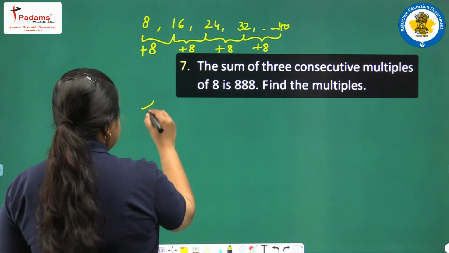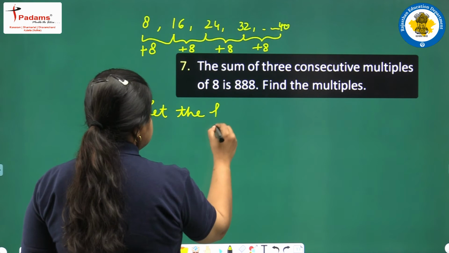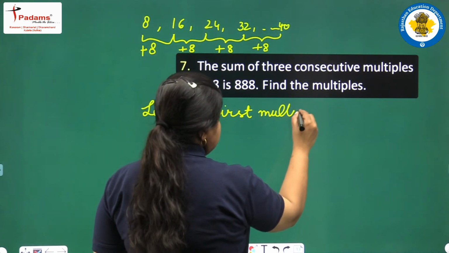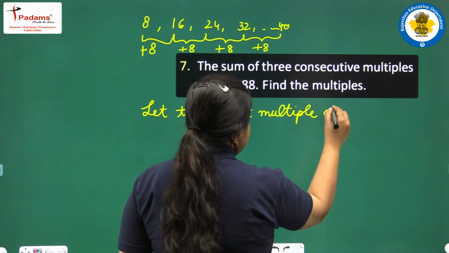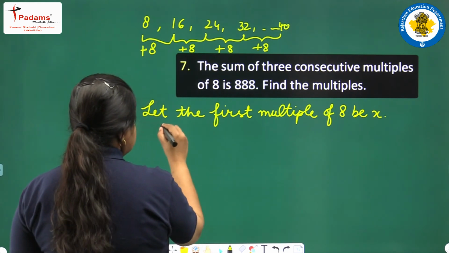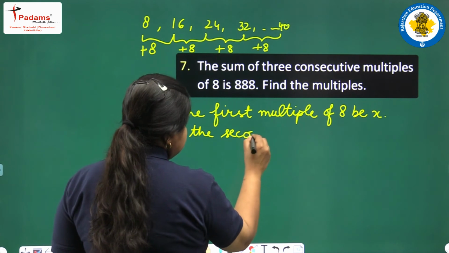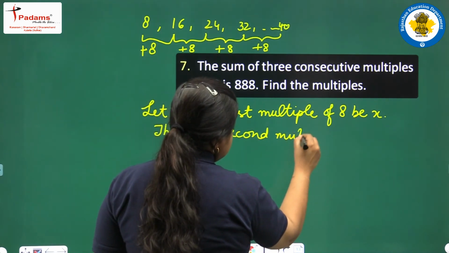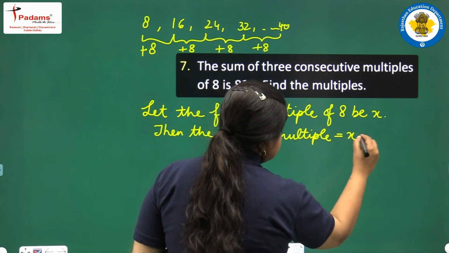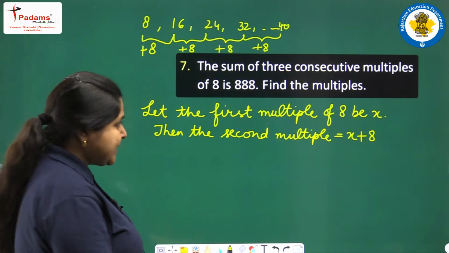So first of all, let the first multiple of 8 be x. Then the second multiple will be equal to x plus 8. I told you after adding 8 we get the next multiple.